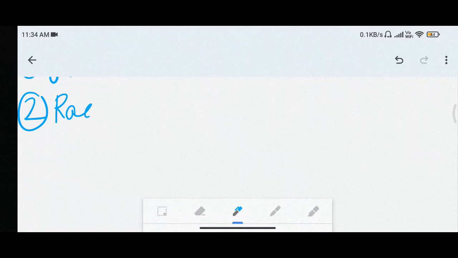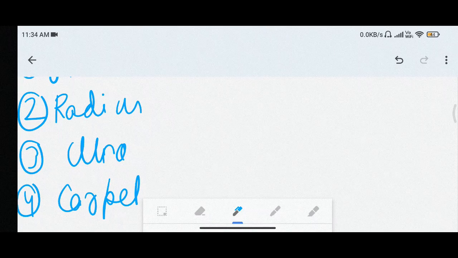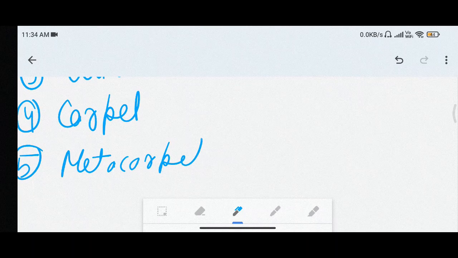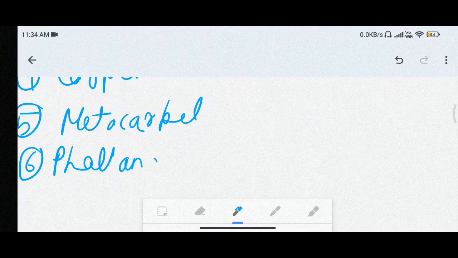First let's write radius, then is your ulna, then we will write carpal, then after carpal it will be your metacarpals, then the last one is your phalanges. Okay.